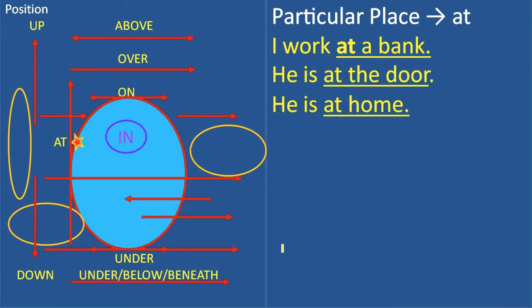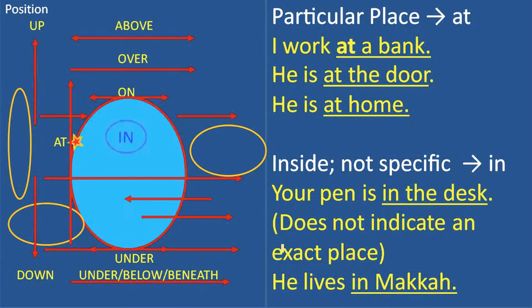If something is in something, that time we will use in, and it mustn't be specific. For example, your pen is in the desk. Pen is in the desk, but I don't know where it is: at left corner, right corner, or middle position.